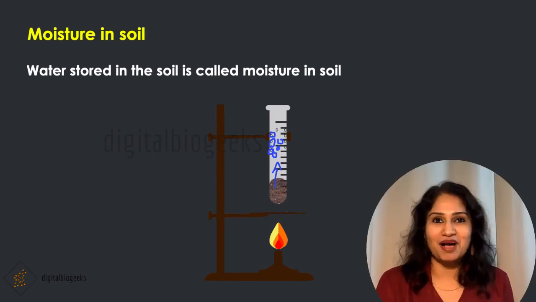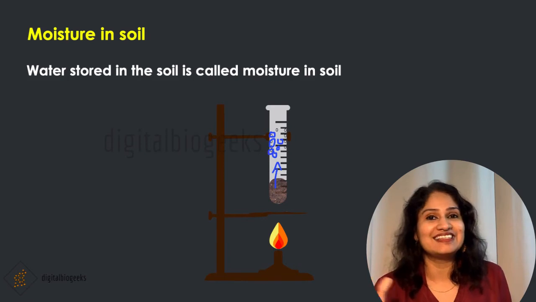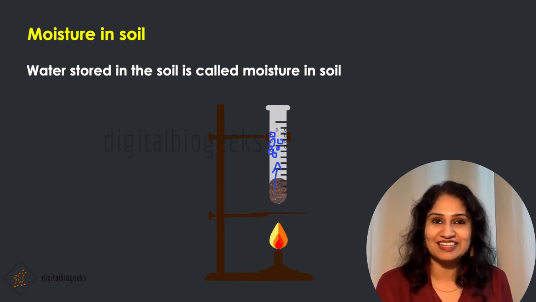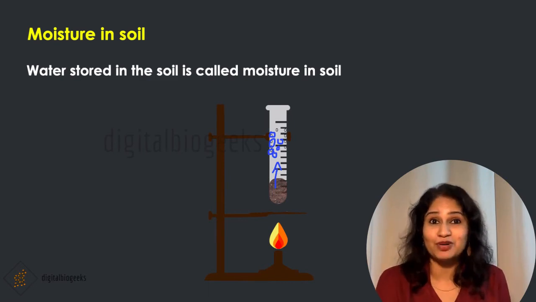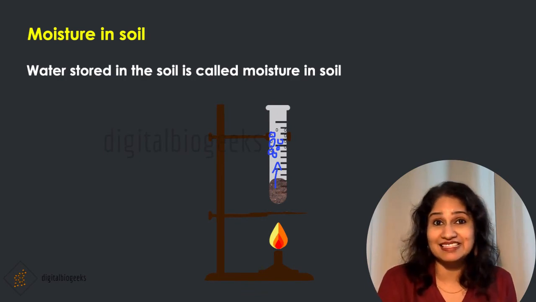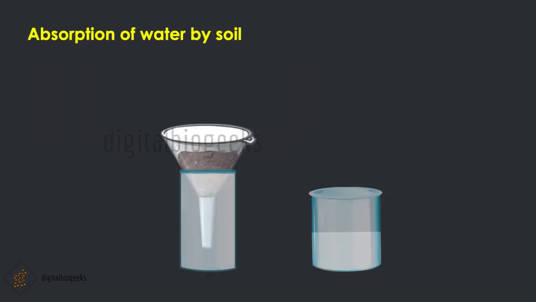If you happen to pass through a farmland on a hot sunny day, you can see the land above the soil is shimmering. The reason is that soil contains moisture in it and this moisture gets evaporated due to sunlight and this water vapor reflects the sunlight. This is the reason why the land above the soil is shimmering.